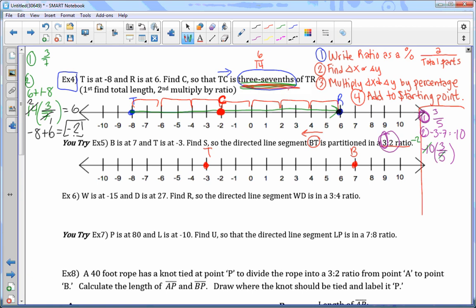How many 5s are in 5? 1. So we're left with negative 6. Does that mean my point in the middle of T to B is over here at negative 6? No. It means I take my beginning point and I add them together. 7 plus the negative 6, which is the same thing as 7 minus 6, leaves me at 1.